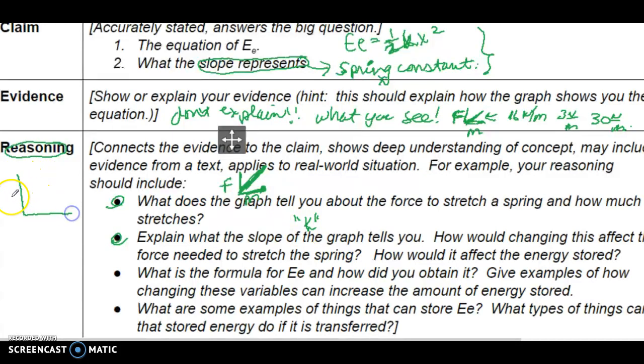If I had a slope like this, or a steeper slope like this, and let's say we're going to stretch them to the same spot, so keep it the same, which one is a stronger spring? And then what does that do? So let's say this one takes 2 newtons per meter, and this one takes 4.